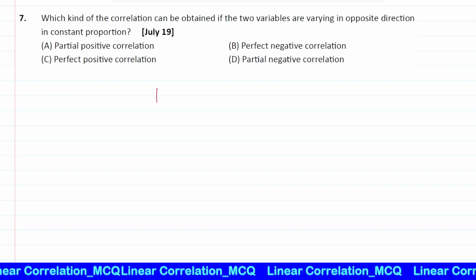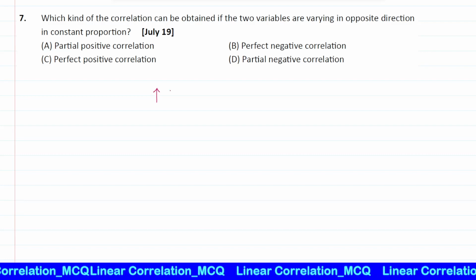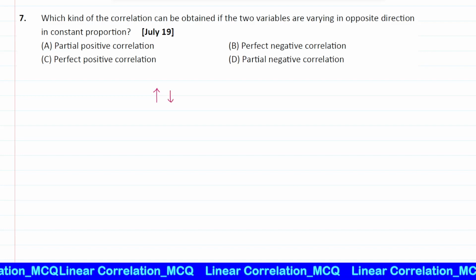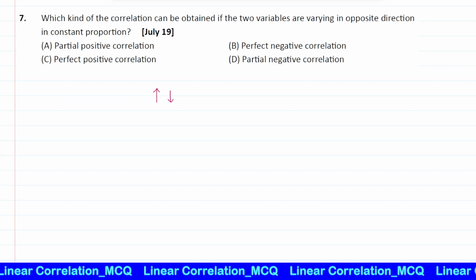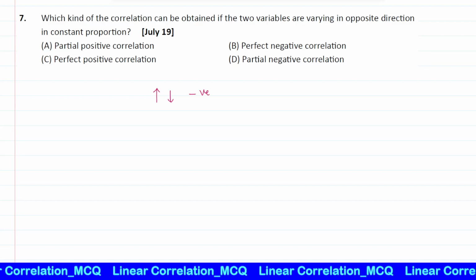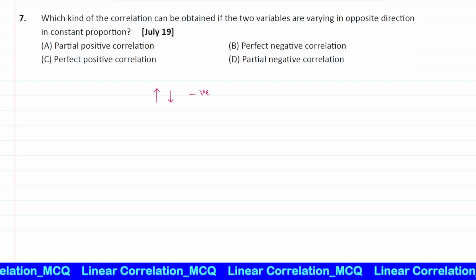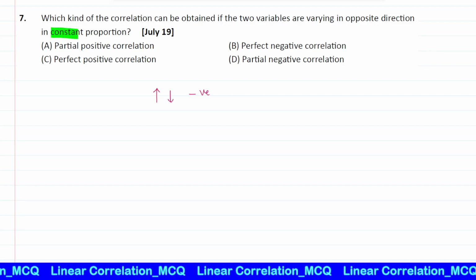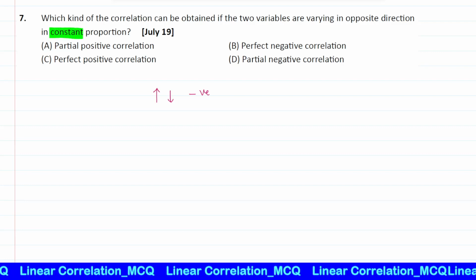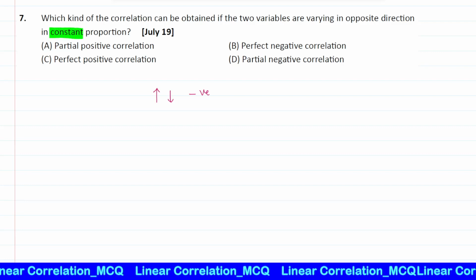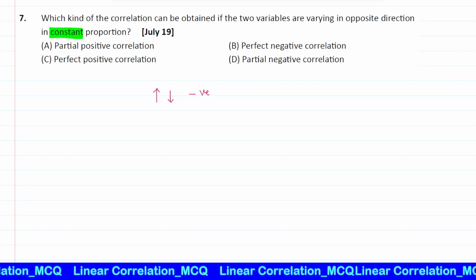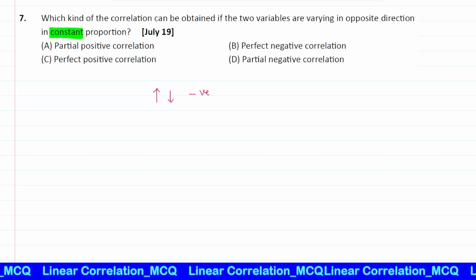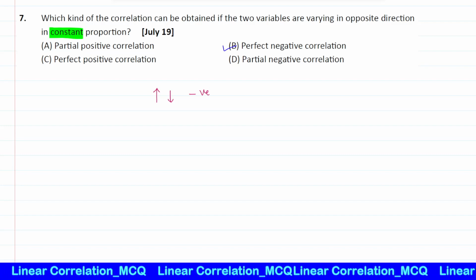Value of one variable increases and value of the other variable decreases, that means we can say there is negative correlation between two variables. But it is constant. Constant means change in both the variables is in opposite direction in the same proportion. Then we can say that there is perfect negative correlation between two variables. Option B is correct option.